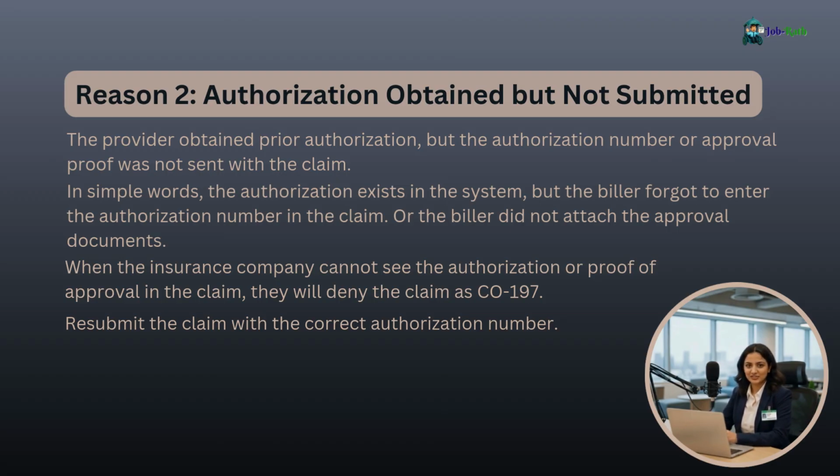When the insurance company cannot see the authorization or proof of approval in the claim, they will deny the claim as CO-197. In this case, you can resubmit the claim with the correct authorization number. You must also attach the supporting approval documents.